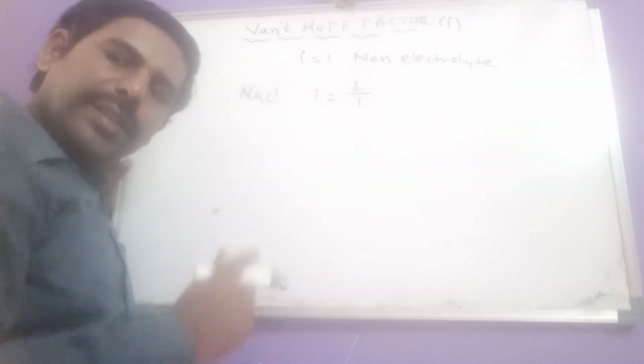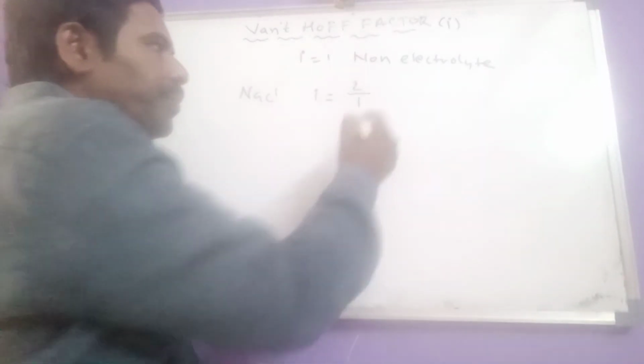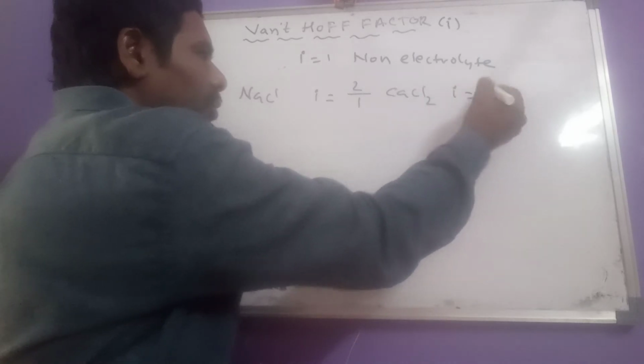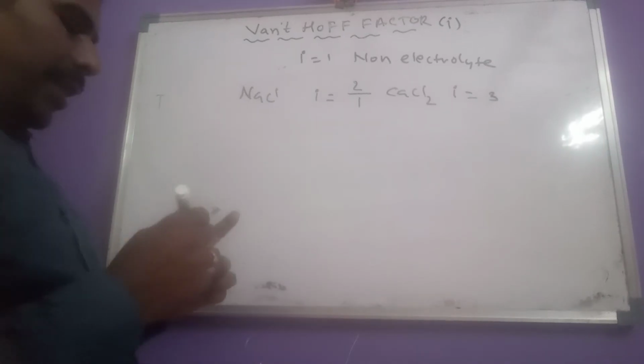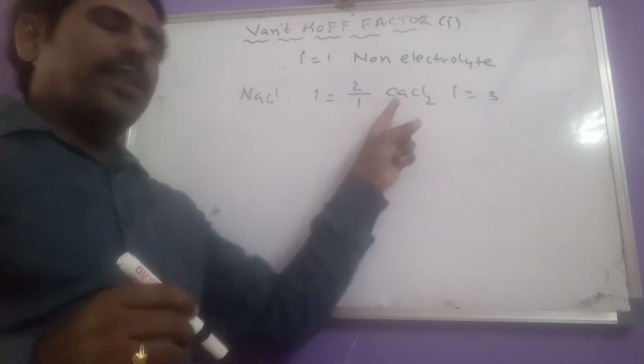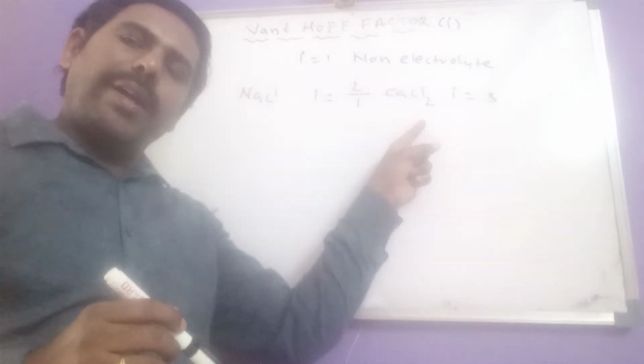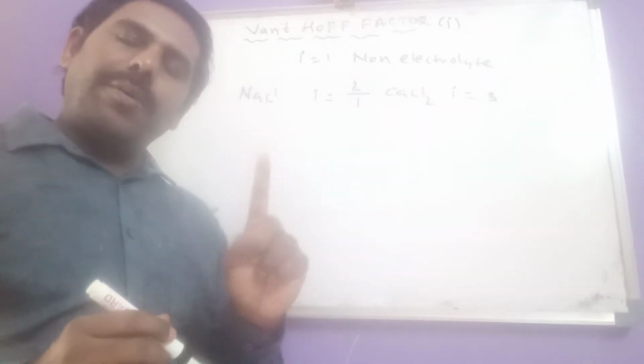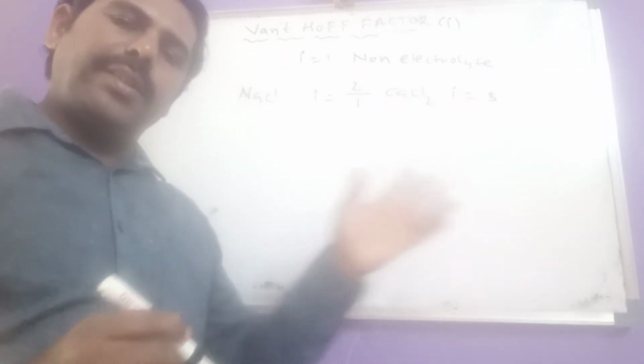So for NaCl, the i value is 2. For CaCl2, the i value is 3 because it produces 1 Ca2+ and 2 Cl minus, a total of 3 ions, so 3 by 1 means 3.